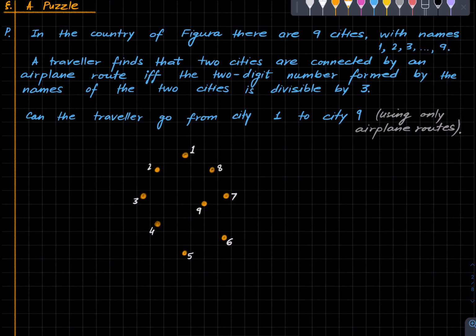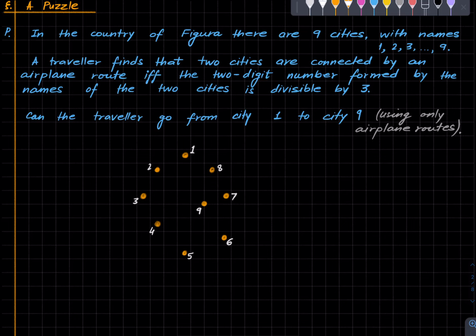So basically there are 9 cities. They have names. The names are actually numbers 1 to 9. And there is an airplane route connecting a city to another city if and only if the 2-digit number that you form using these two numbers is divisible by 3.